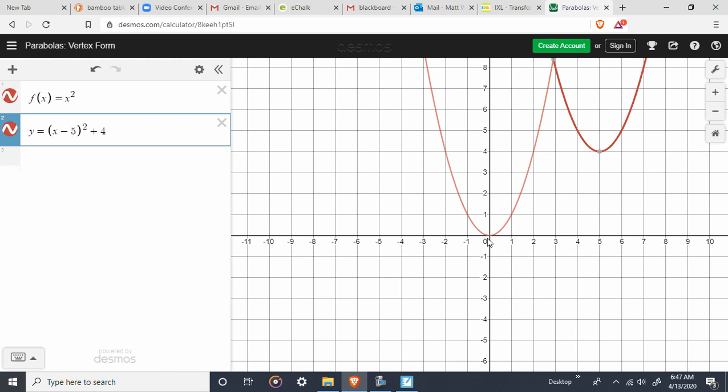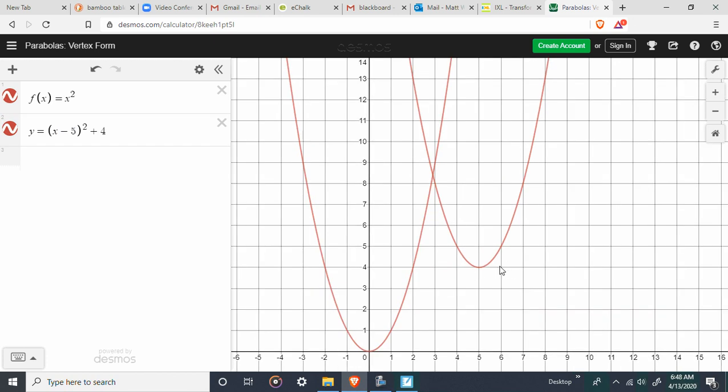I went from having my vertex at (0, 0) to my vertex here at (5, 4). Notice inside this was minus 5, so even though it says minus 5, we went in the positive direction. And plus 4, we went up 1, 2, 3, 4. So all you have to do is look at what's inside here and reverse that. Other than that, everything is the same.